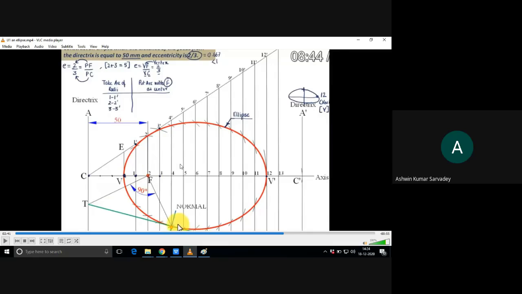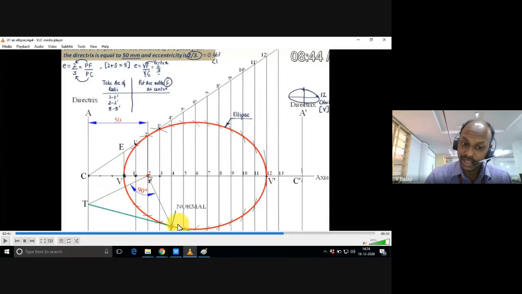So that point we should take after the focus. Yeah, you can take one point after the focus and one point before the focus, but you need to start taking all these points, 1 2 3 4 up to 7 8, after the vertex.